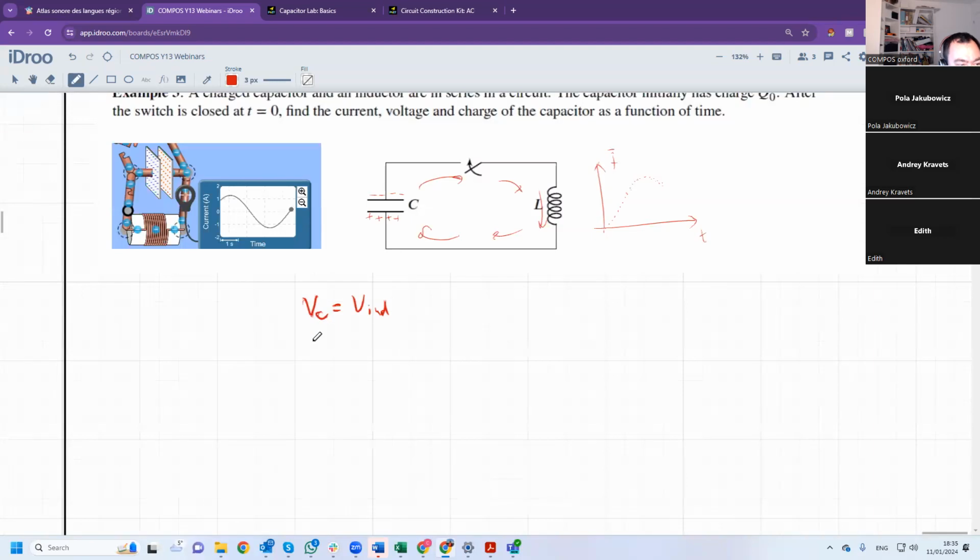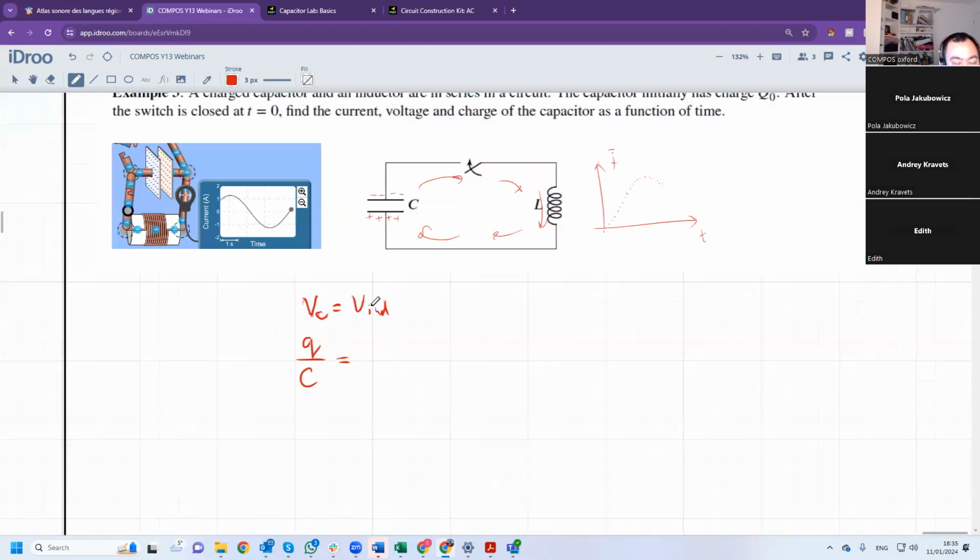The voltage on the capacitor, we already know that Q equals CV. So Q over C is the charge on the capacitor divided by the capacitance.